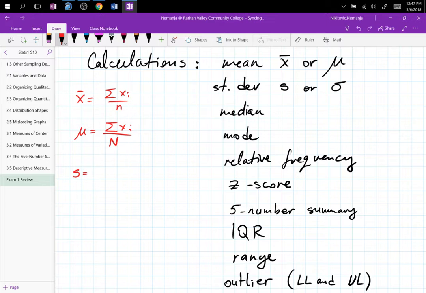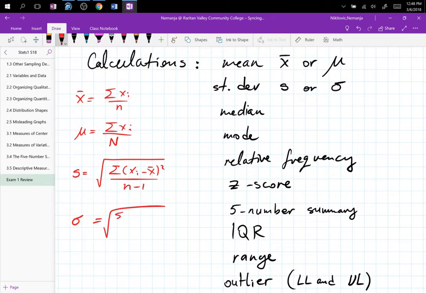Lowercase s, the sample standard deviation, is the square root of the summation of xi minus x bar squared divided by n minus 1. Sigma, the population standard deviation, is the square root of the summation of xi minus mu squared divided by N. If you want to learn the alternate ones, fine, use them. I don't care which one you use, just get the problem right.